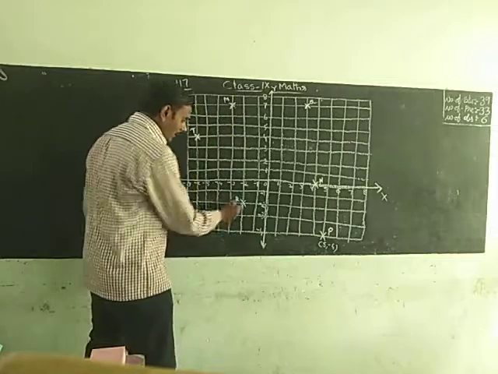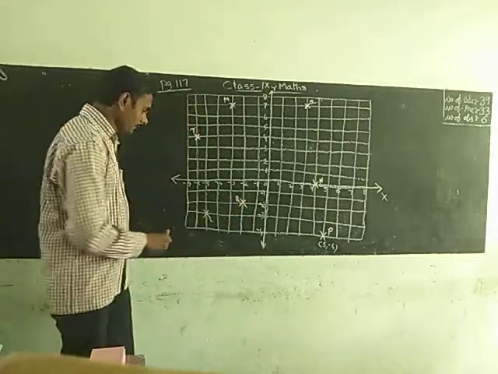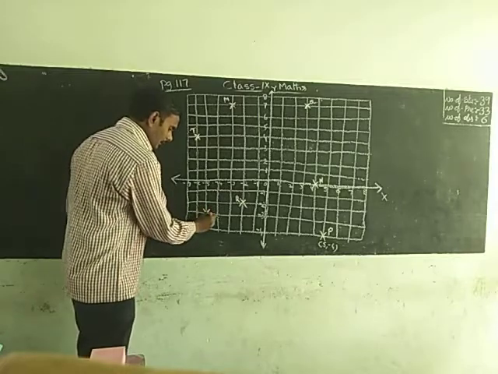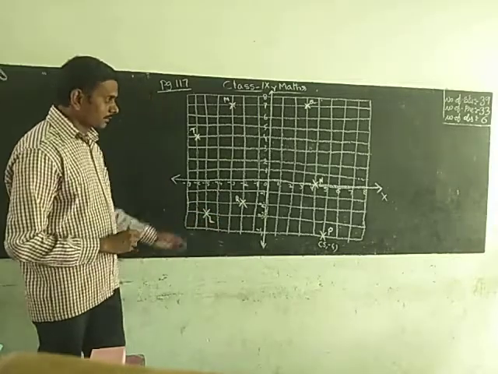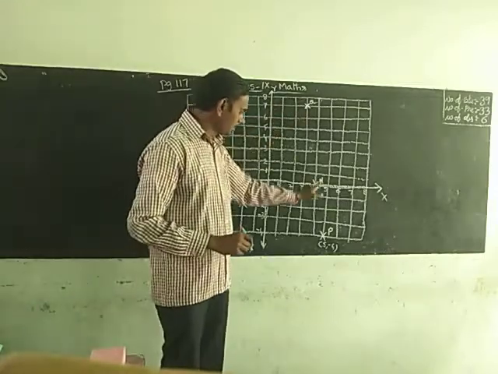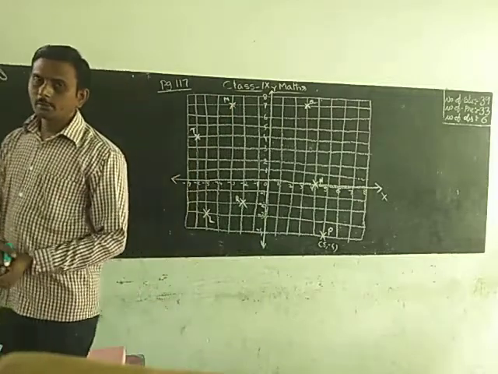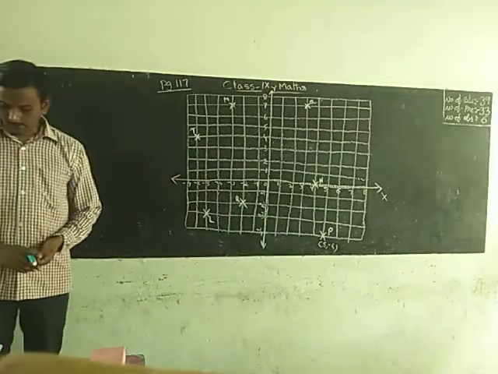Next, R is located here. Next, L. Totally 1, 2, 3, 4, 5, 6, 7 points are given.